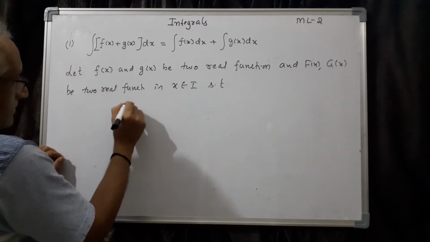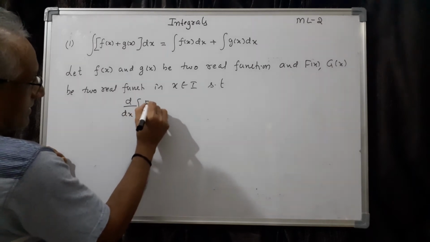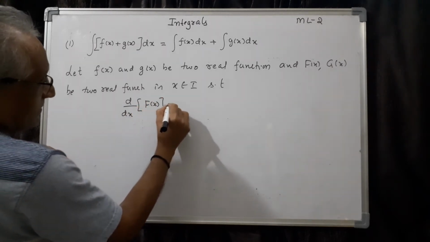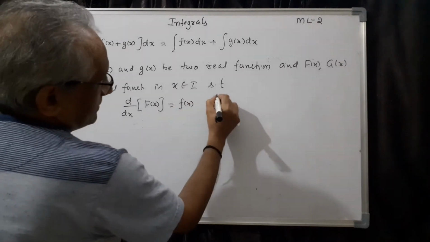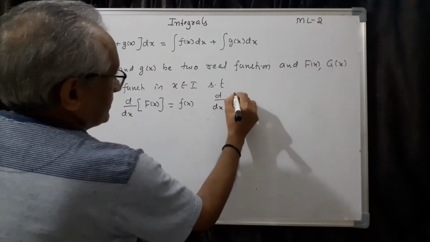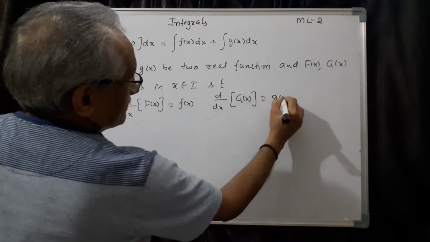See, d by dx of capital F(x) equals small f(x), and d by dx of capital G(x) equals small g(x).